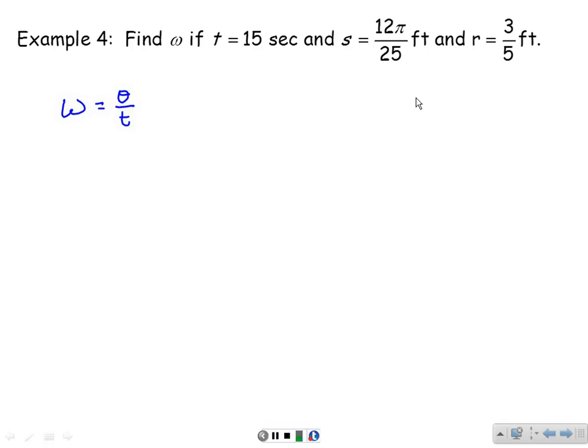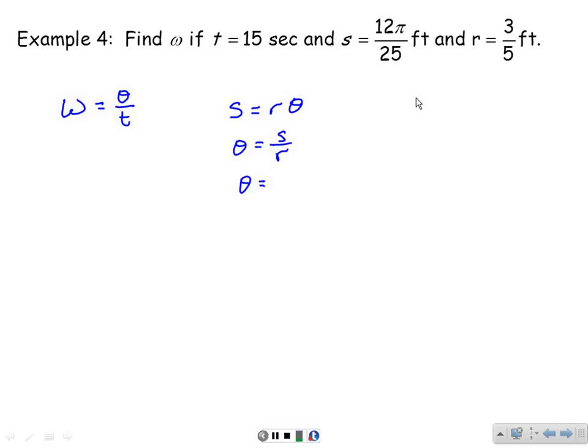So let's see if we can figure out one of our formulas that relates these things. I'm thinking arc length, which we're given, is equal to r times theta, which we know. And so we can find theta by doing a little bit of manipulation. Theta is the same as arc length divided by r.